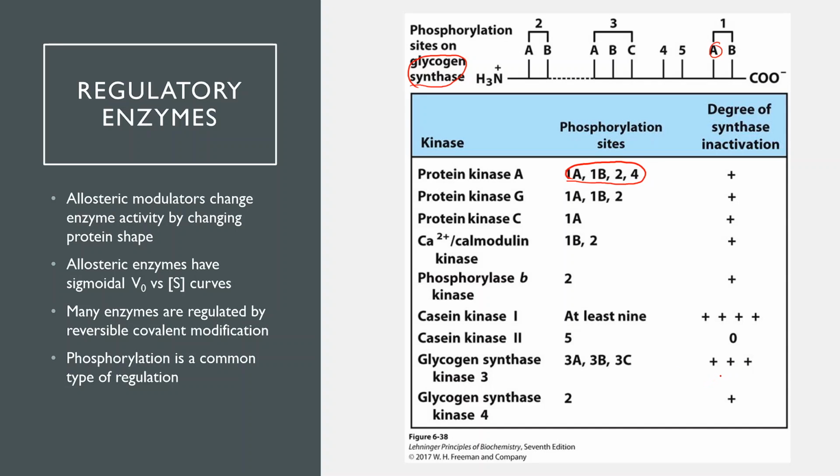So there's no way to predict just from the structure of a protein whether phosphorylation will increase or decrease the activity of an enzyme, or how much. And so the effect of phosphorylation is part of this very complicated network of phosphorylation and dephosphorylation signals.